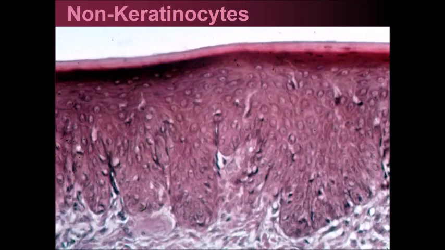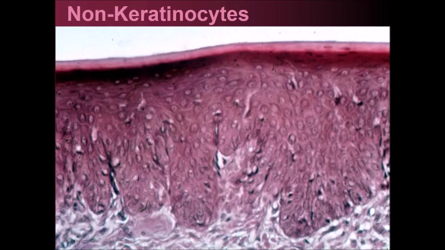Non-keratinocytes. What we understand from this name is that the cells we will study are not the epithelial cells, and these cells do not have the ability to produce keratin. When they examined the epithelium of the oral cavity under the light microscope, they saw some areas that are clear.